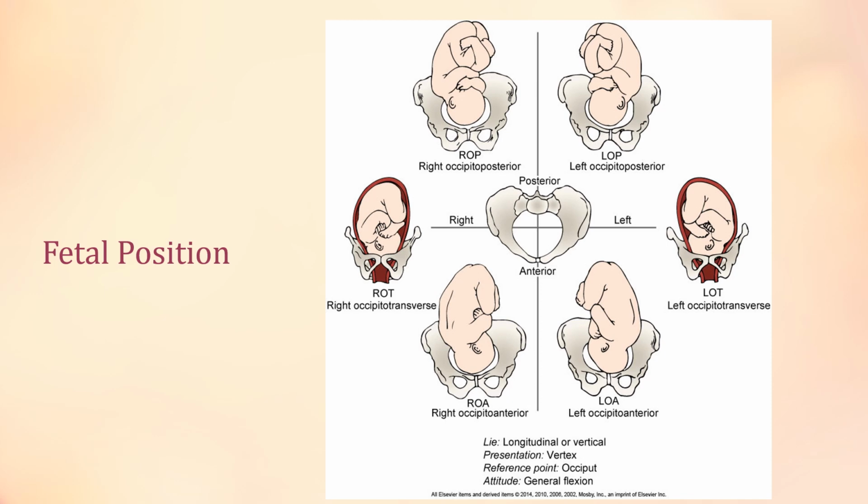Similarly, if the baby's occiput is on the left side, we would be able to feel that on the mom's left side. And then the last letter there is for anterior, transverse, or posterior, and again, that refers to the mom's anatomy.